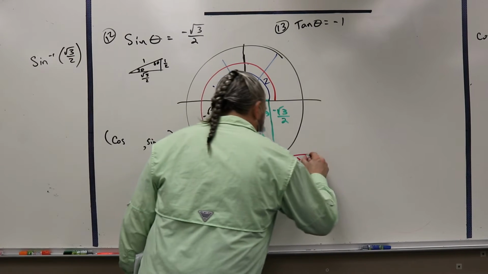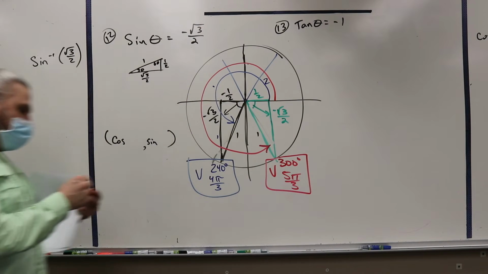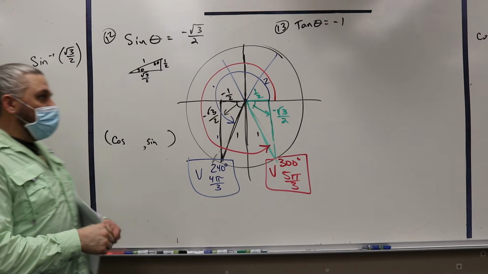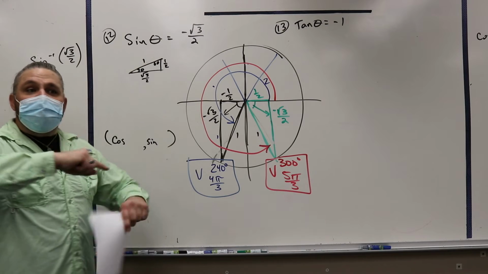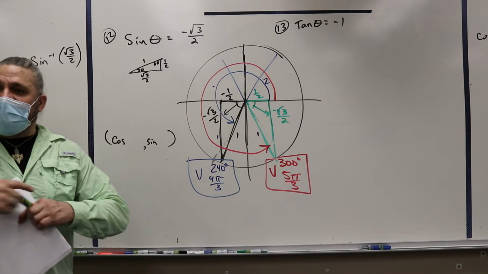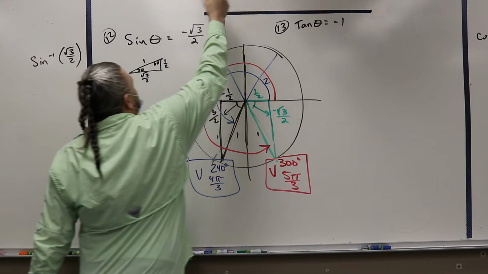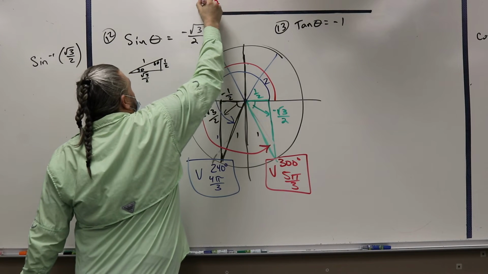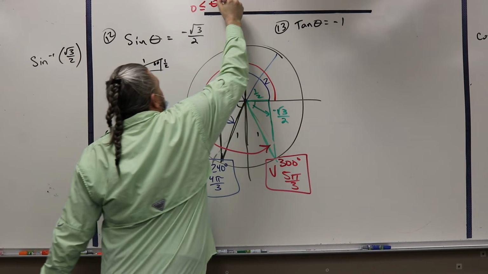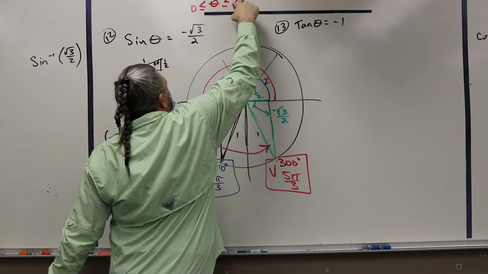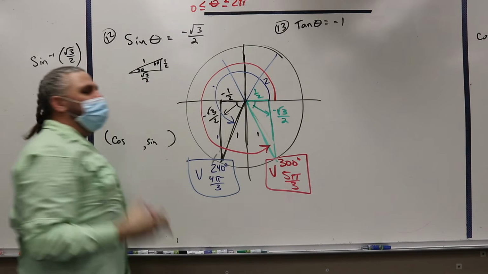And so that is what the angle can be between 0 and 2 pi, because it asks us theta is greater than or equal to 0 and less than or equal to 2 pi.